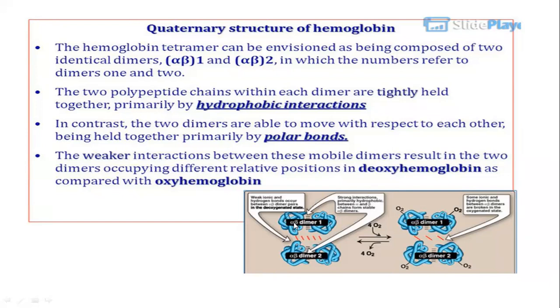When you have 2 dimers coming together, which means subunit 1 or dimer 1 and dimer 2 coming together, they are bound in between by polar bonds. The polar bonds are said to be weak bonds. So the bonds between dimer 1 and dimer 2 are described as weak bonds. They are not very strong bonds.